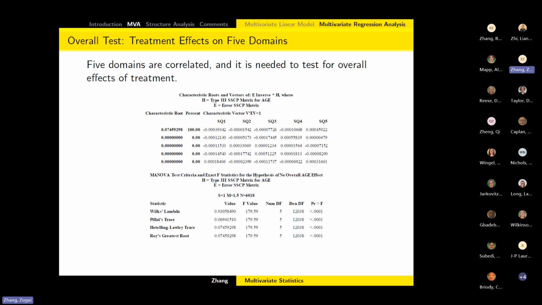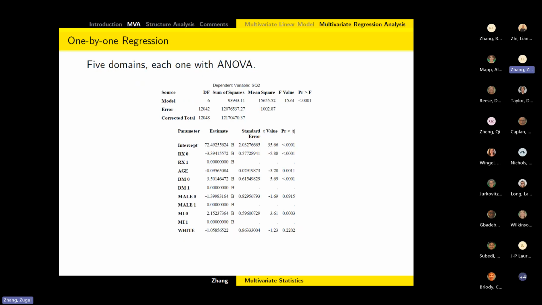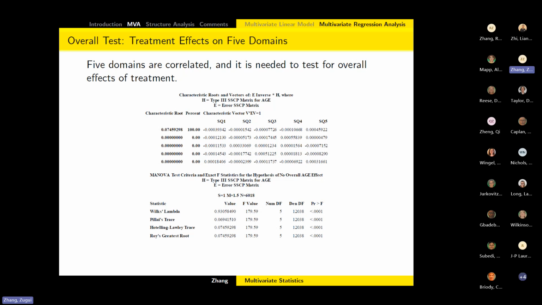So this is the reason why we need the ANOVA here, and also the MANOVA for the overall age effects and other variables.